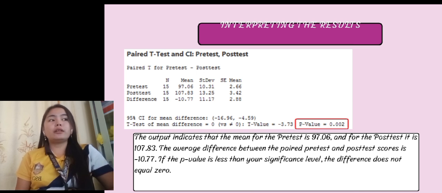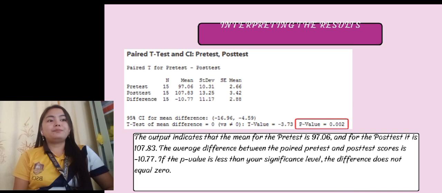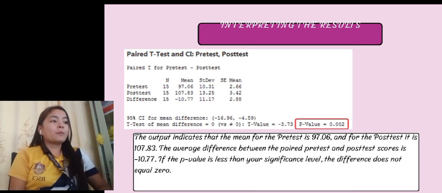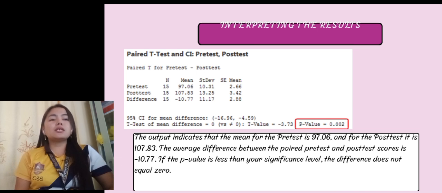If you're going to calculate that in the paired t-test, the mean difference is, t-value equals negative 3.37 and p-value equals 0.002. That's the result of the CI for the mean difference, which we calculate as negative 16.96 to negative 4.59.